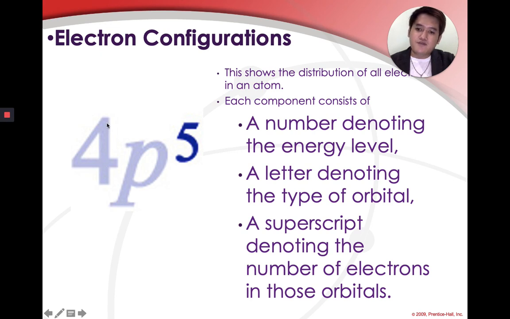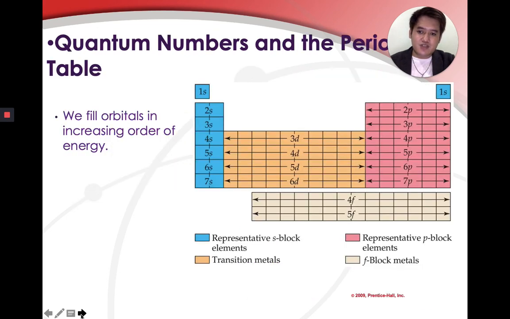The coefficient 4 tells us that the electron is present in the main energy level number 4. The n is equal to 4. A letter denotes the type of orbital, p, okay, and a superscript denotes the number of electrons in those orbitals. So 4p5. That is where the quantum numbers come in.